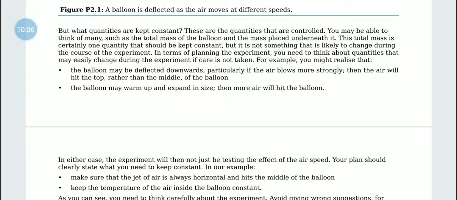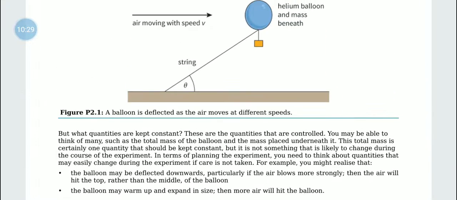Now when it comes to this particular experiment, the total mass is definitely a quantity that should be maintained. But in this experiment we are not changing either of these things. We are not changing the balloon, we are not changing the mass that is hung underneath, as you can see in the diagram.